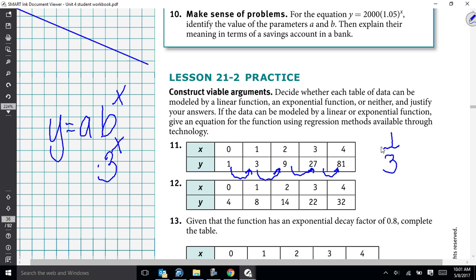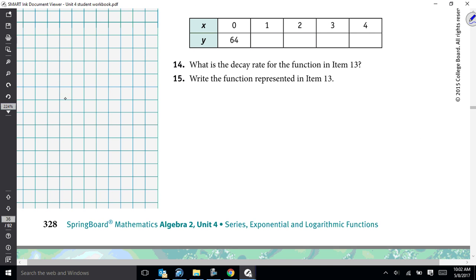And then a is our starting value. So what's our starting value? It's 1. We don't have to write the 1 if we don't want to. 21.2. So 328.